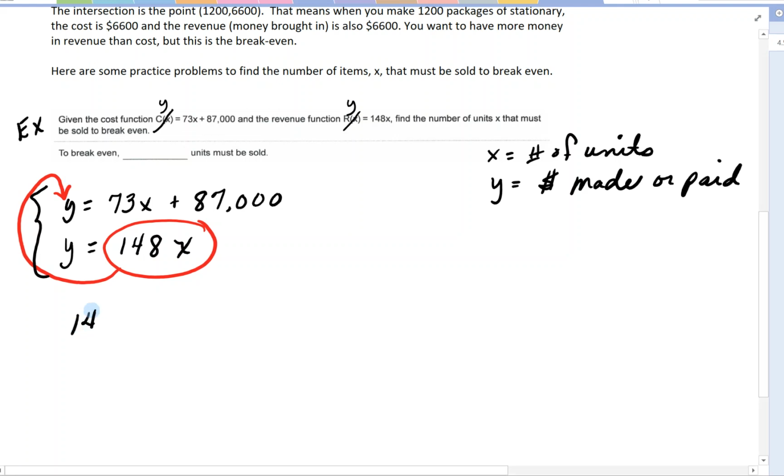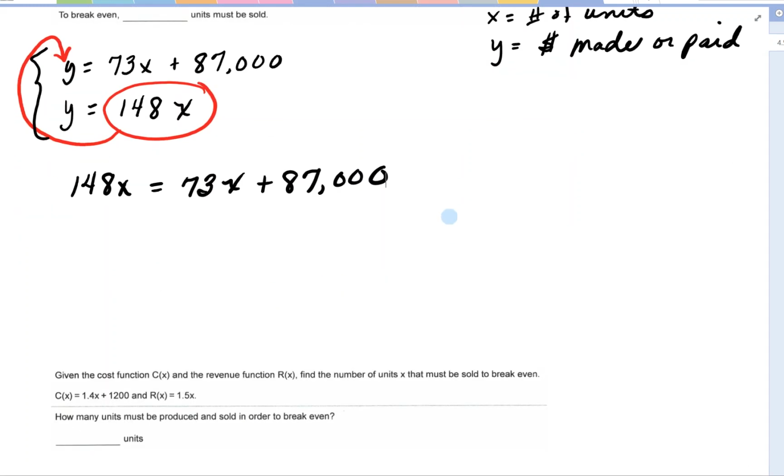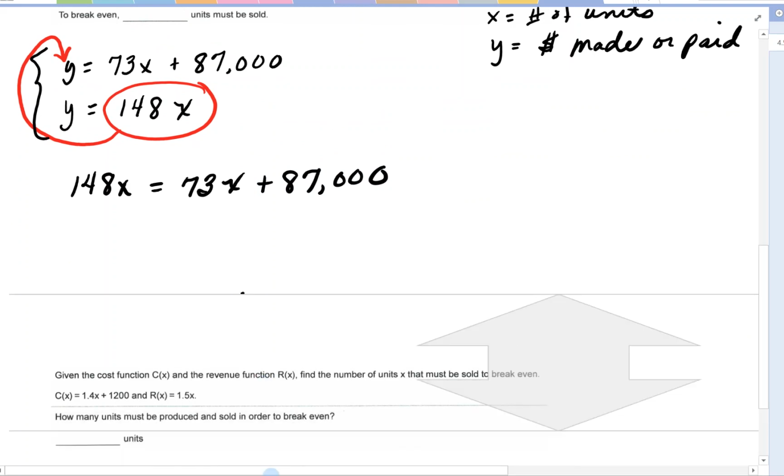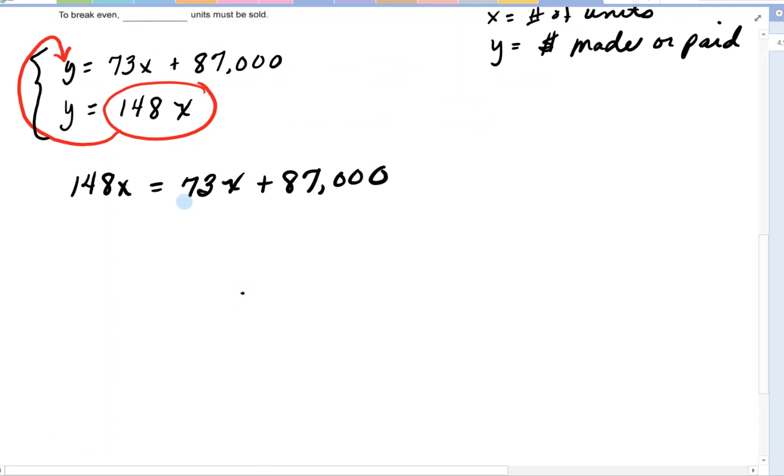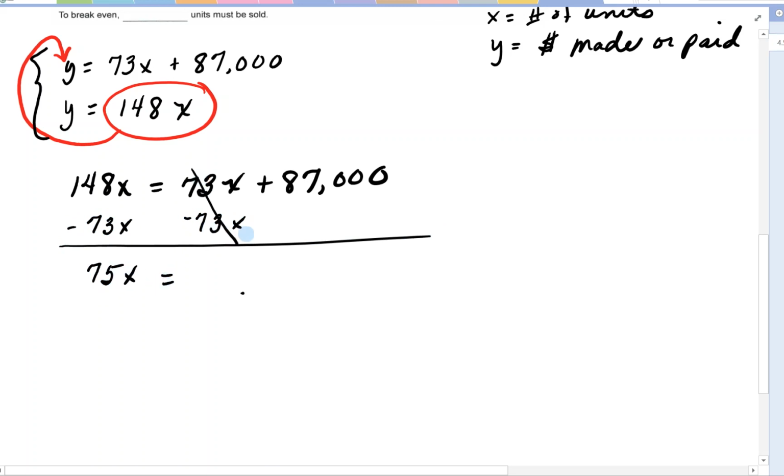So I have 148x is equal to 73x plus 87,000. Let me get just a little more workspace. All right, I'm going to subtract 73x from both sides.